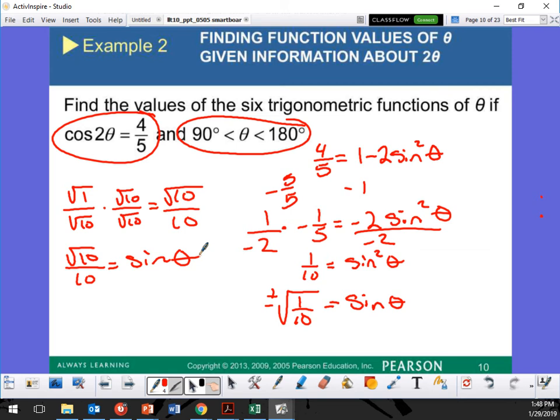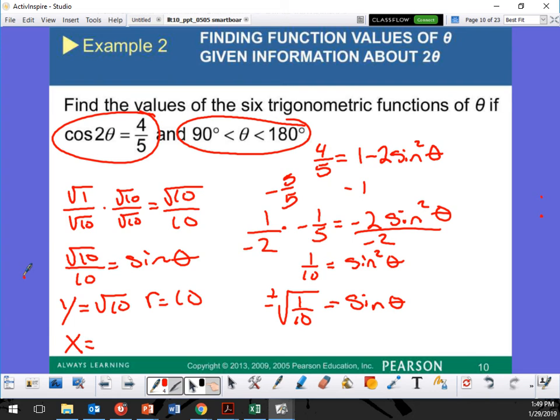Sine is y over r, right? So I could say that my y value is rad 10, my r value is 10, and my x value is, I'm not sure yet. But I already have everything laid out to do that. So given x, y, and r, can you solve for x? Okay, I can solve for x now, right?